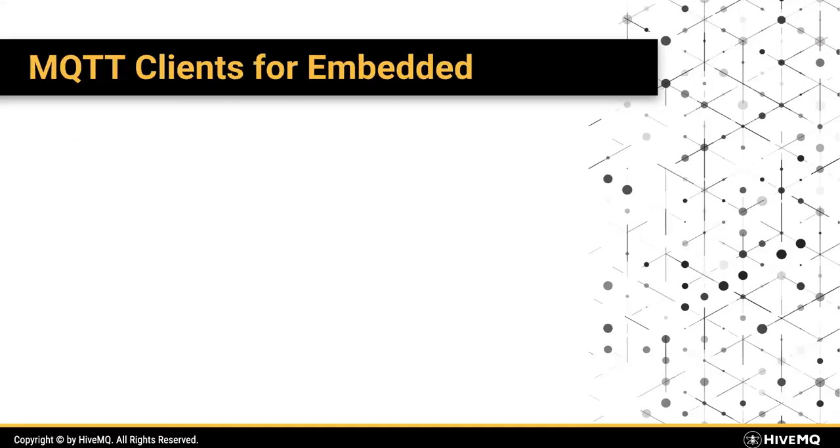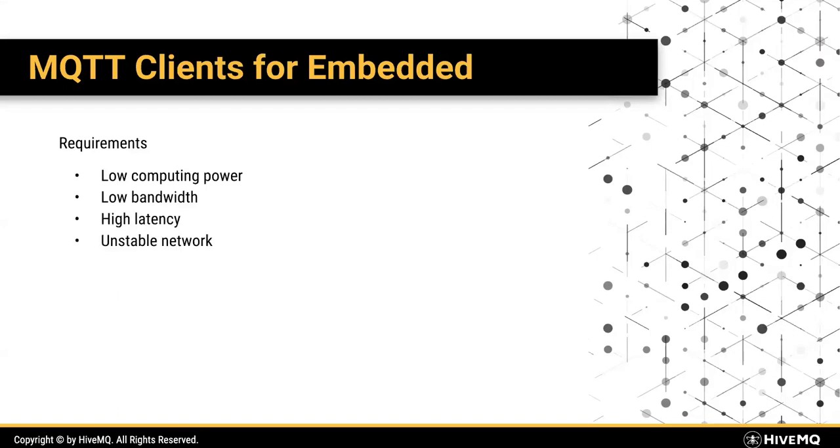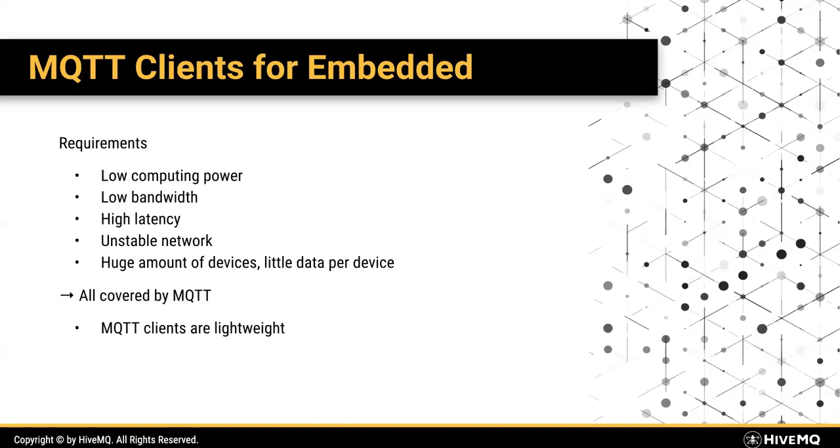Let's talk a little bit about what the requirements for embedded are, because embedded and backend have differences in their requirements. Embedded devices often have lower computing power. They often have unreliable networks with low bandwidth and high latency. And MQTT really solves these problems by providing really lightweight clients.